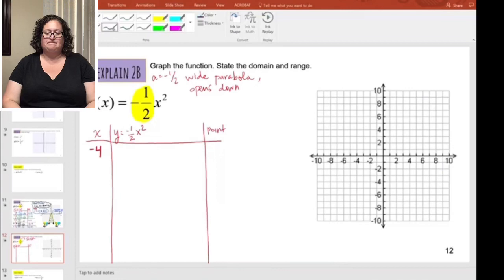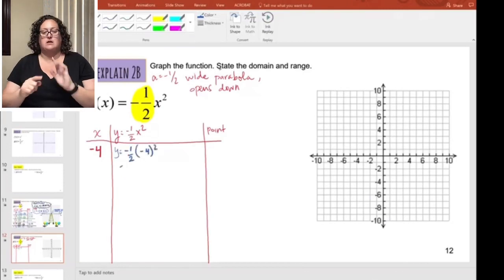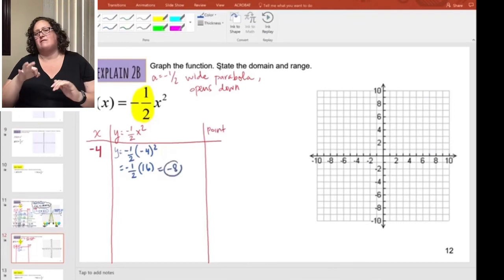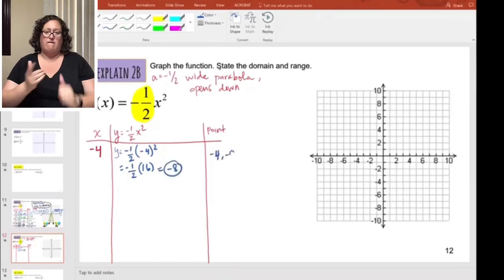When x equals -4, y will equal -1/2 times -4 squared. That's -1/2 times 16, and half of 16, so -1/2 times 16 is -8. Our first point is at -4, -8.